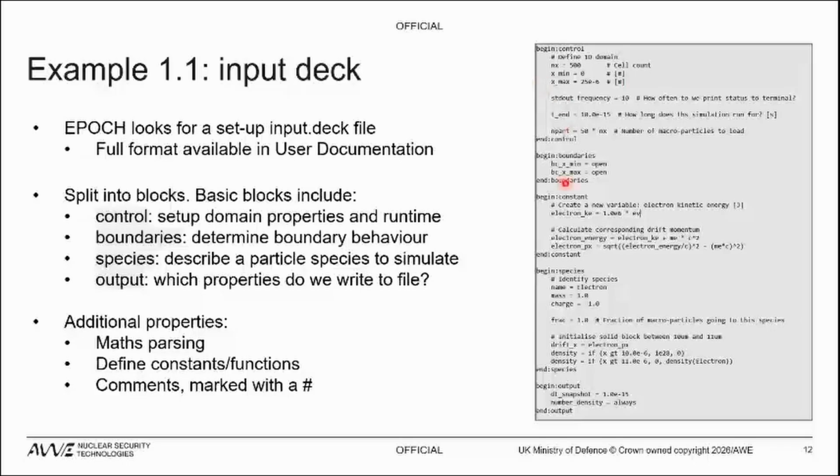We have n_part down here is 50 times nx, so we have enough particles to fill each cell with 50 particles. You'll note that 50 times nx is actually an equation, so the input deck can support a certain level of maths parsing, like its own computer code language, a very basic one. And information on what it can actually manage is in the maths parsing link in the input deck, or in the code documentation.